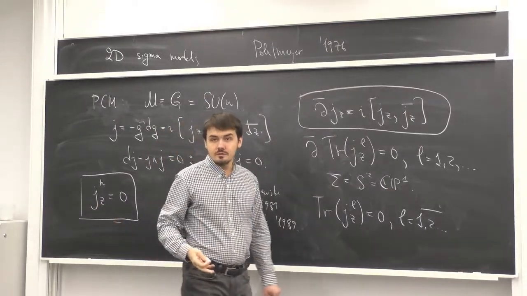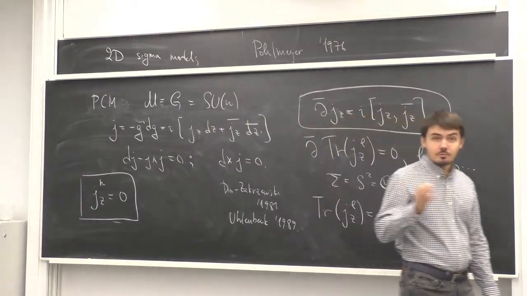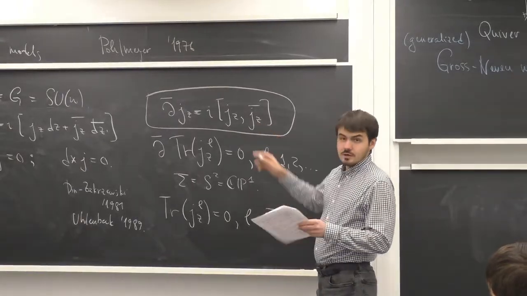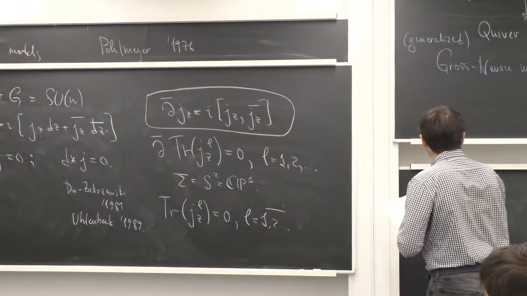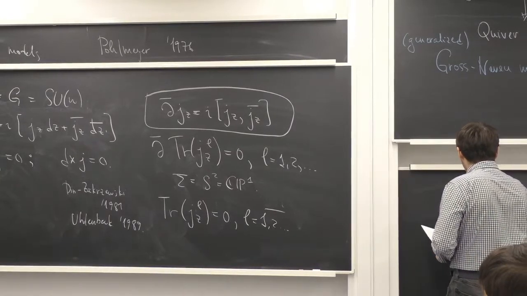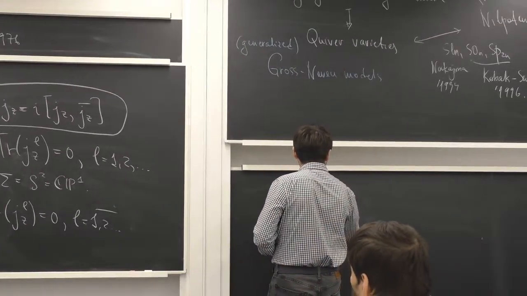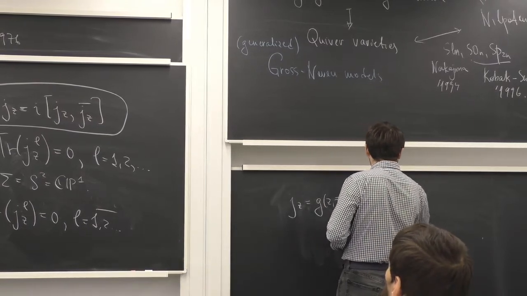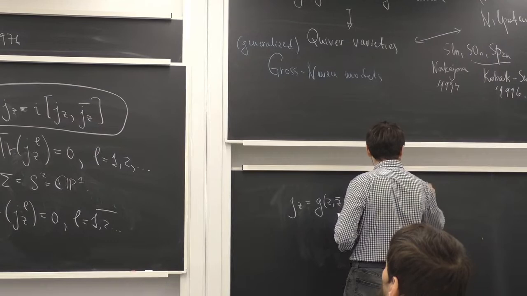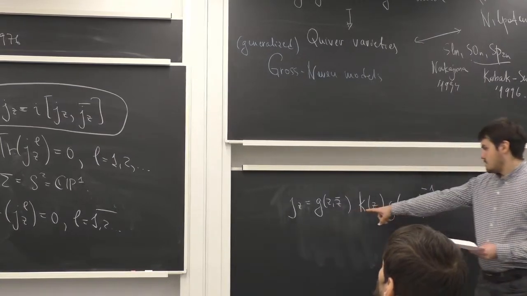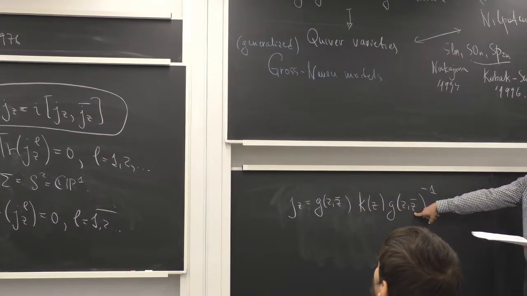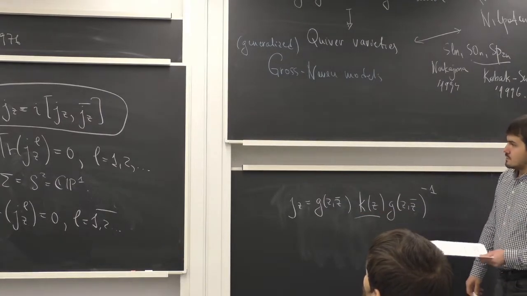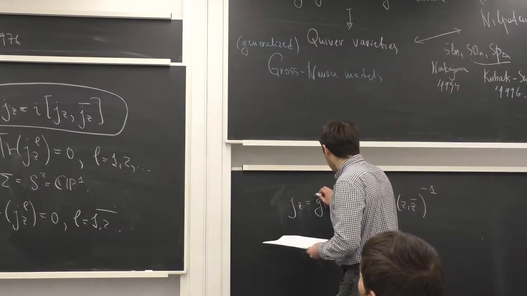It cannot change randomly from point to point. This is because this equation can be formally solved, at least locally, as j_z equal to some matrix G times a holomorphic matrix K. It's another G, not the same G.